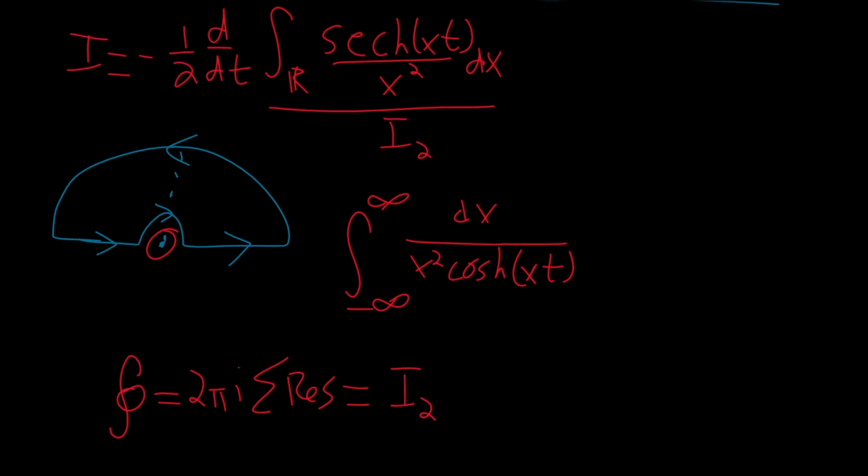And then we're going to have plus this little bit of the contour right there. We'll call this gamma 2 plus the integral over gamma 2, where the other one would just be gamma 1, I suppose.